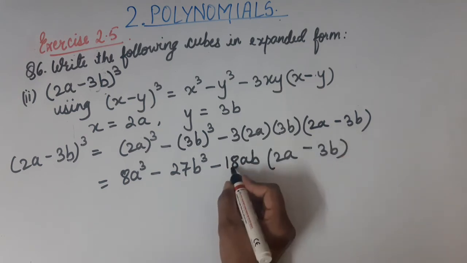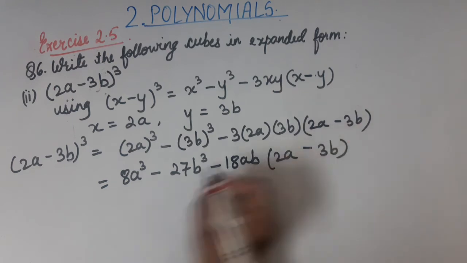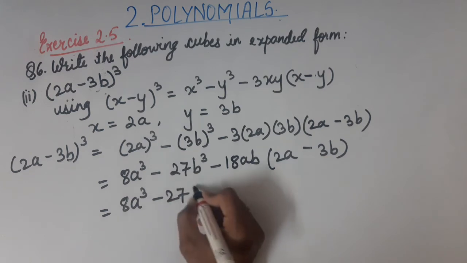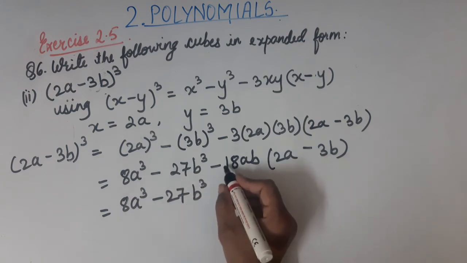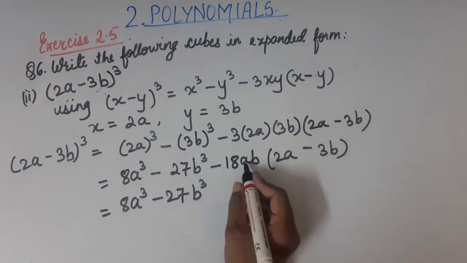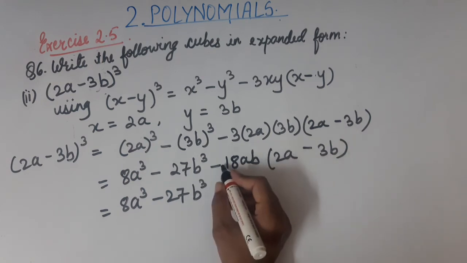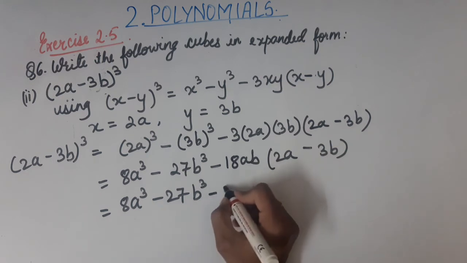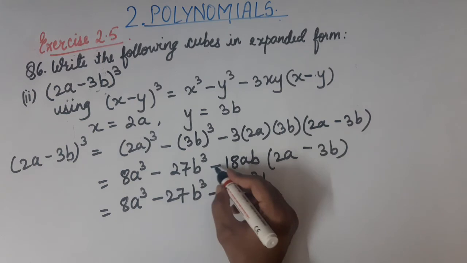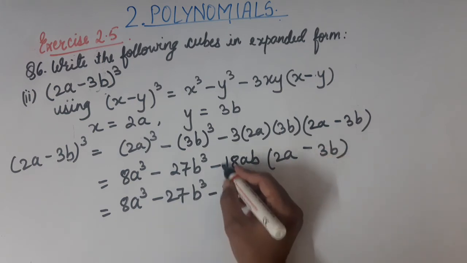Now multiply this minus 18ab inside that bracket. You will have 8a cube minus 27b cube. Then minus 18ab into 2a: what will I have? a into a square, and minus 18 into 2, minus 36a square b. Now multiply with the second term.